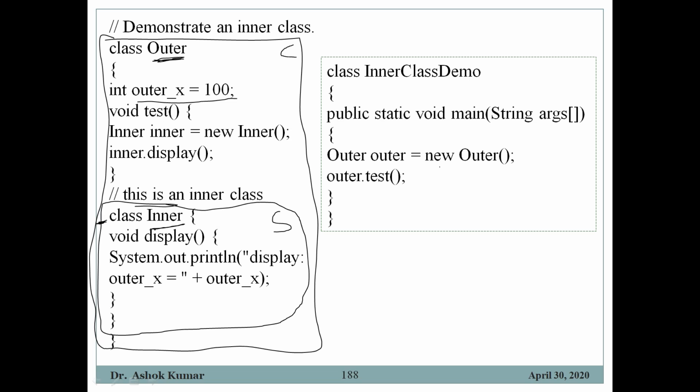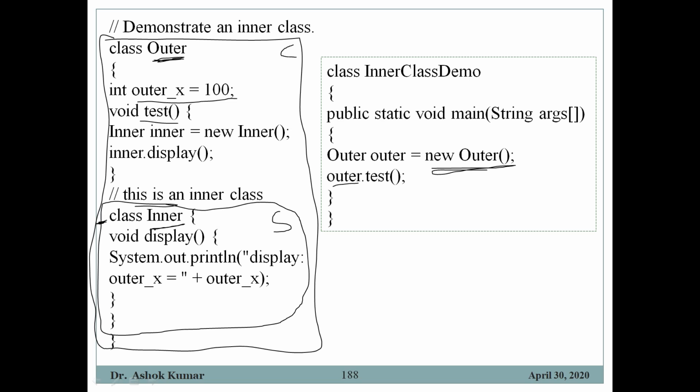So we are creating the object of the outer class over here, and then we are calling the test method with the outer object using this line outer.test. When this test is called, if you want to access the members of the inner class, that is, if you want to call display, display cannot be called directly from the outer class.